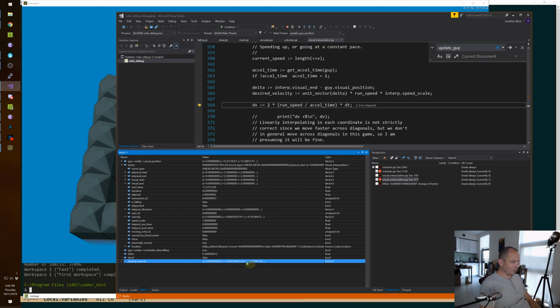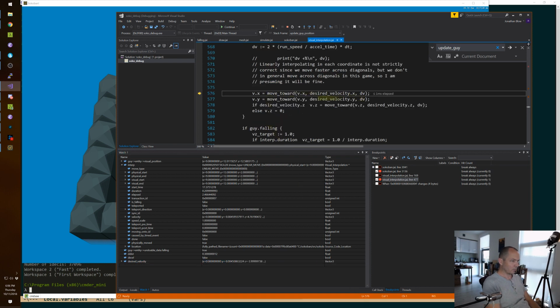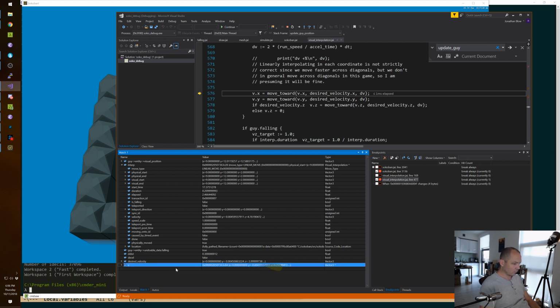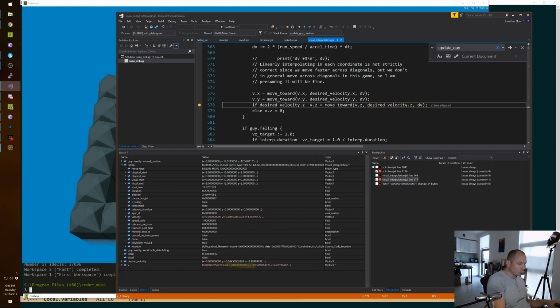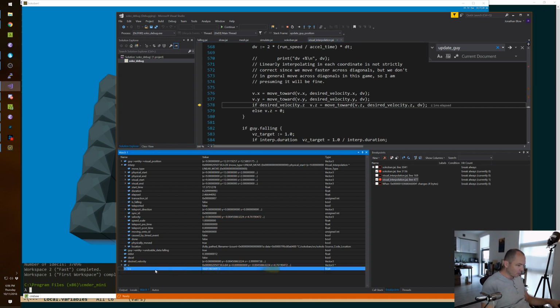Our desired velocity definitely has a negative z. So this was 4.7. Wait, what?